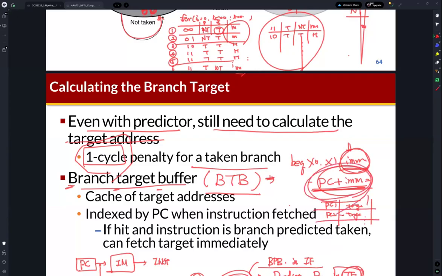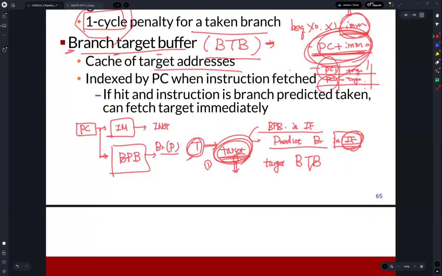As I mentioned, this is a static value. Once it is calculated, it's the same for future branches. So we can store the target address, the target PC of the branch instruction, and it is also indexed by PC. We also use the branch target buffer in the instruction fetch stage, then we can get the target.